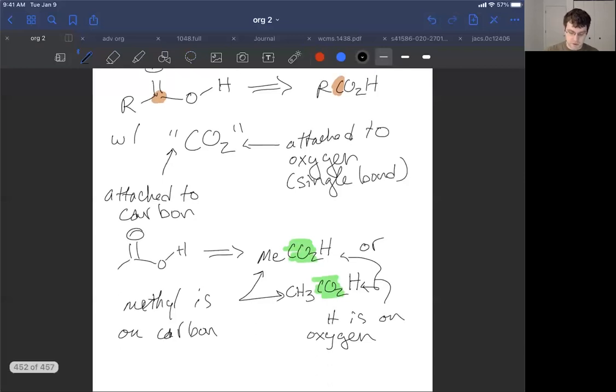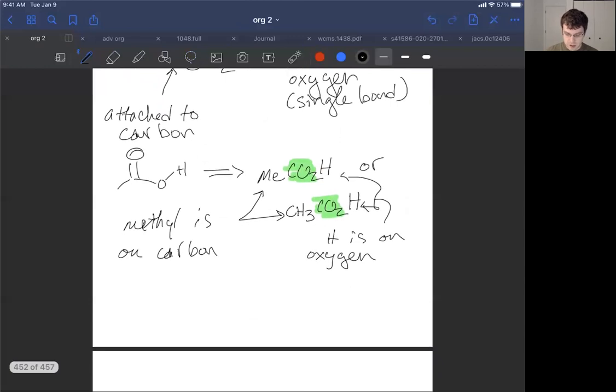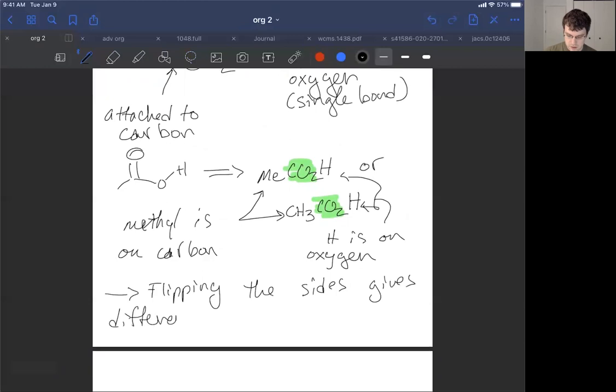And that can be really helpful if you have big molecules. But the issue is we have to be aware of the intended connectivities, because if we flip this, we get different molecules. Flipping the sides gives different molecules.